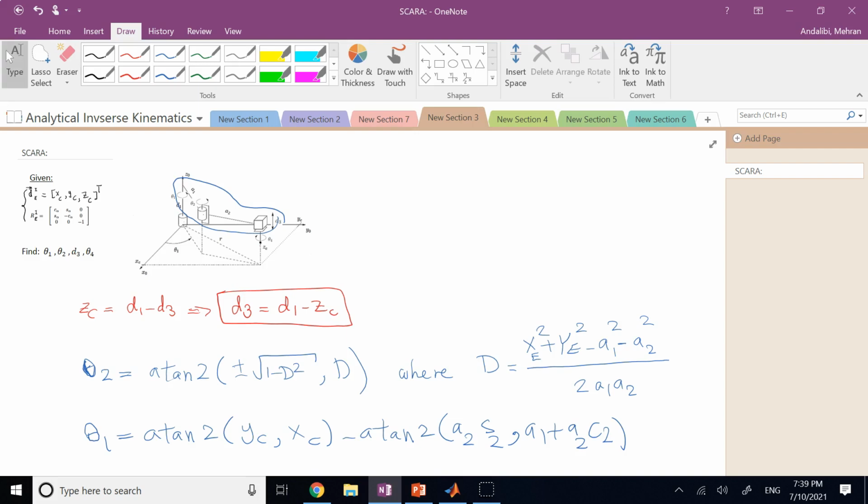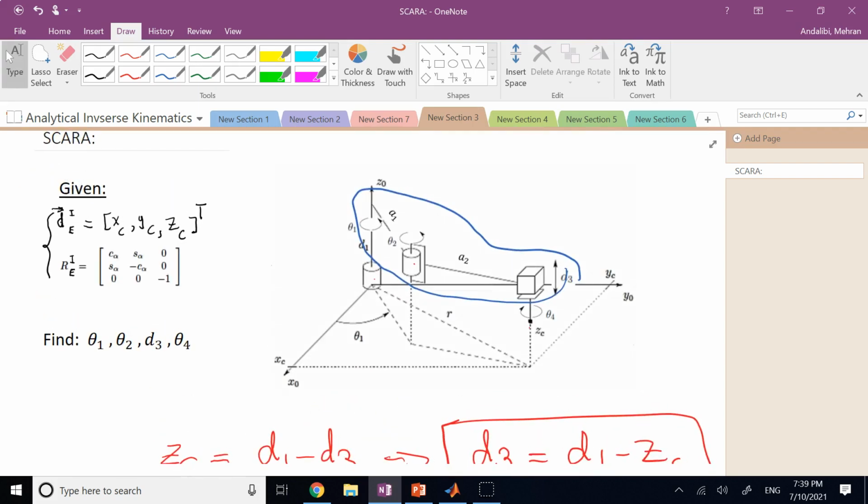And theta 4 here, if you remember, I said this guy corresponds to, it's not perfectly like, but here this angle alpha, that is the orientation of the end effector's frame with respect to the original frame.